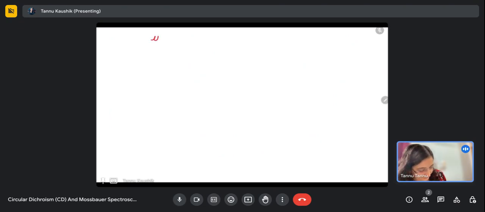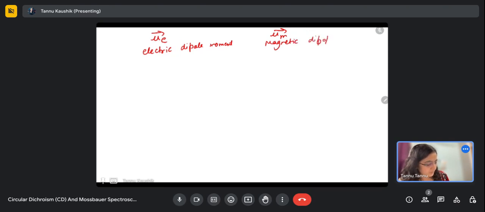So when we have the electric dipole moment and the magnetic dipole moment both active, this moves in a linear manner and this in a circular manner.